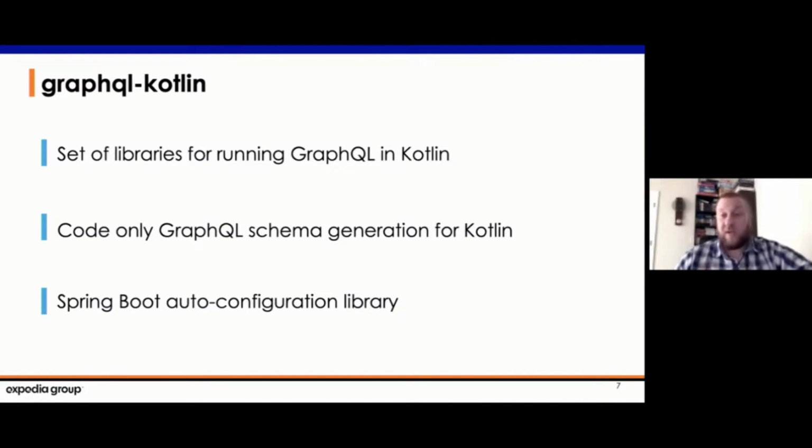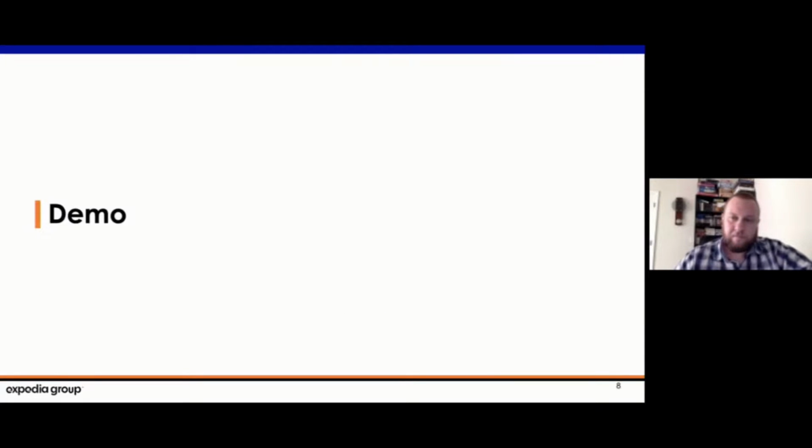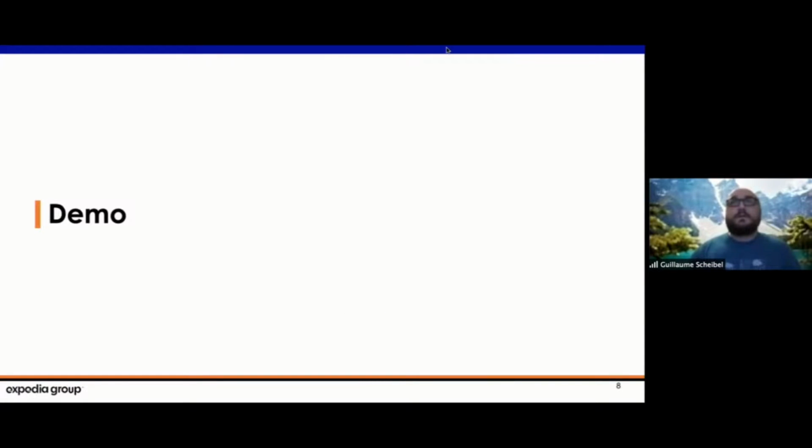That's why we created GraphQL Kotlin Spring Server, which is our Spring Boot auto-configuration library that automatically pre-configures all the necessary beans to start a reactive GraphQL server. So without further ado, why don't we take a look at how it looks in practice, and let's move on to the demo. All right, thank you very much.